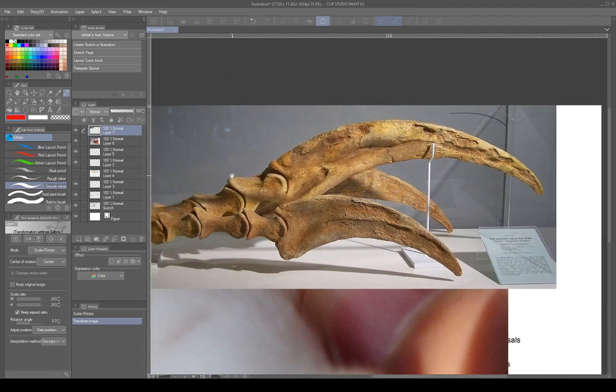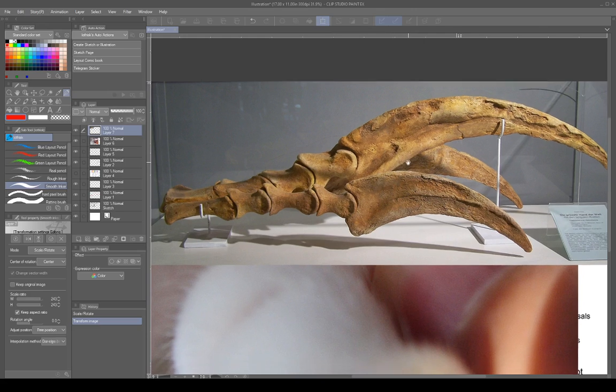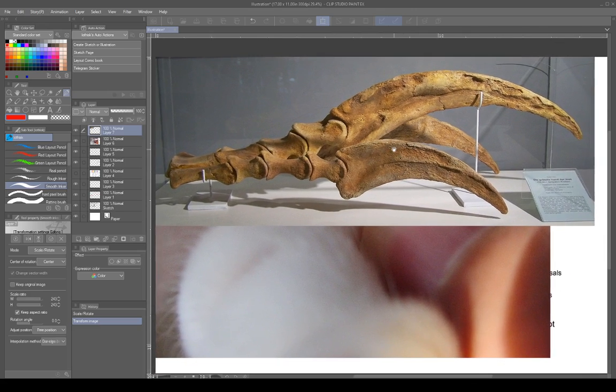I don't know whether this is the front or back claw. But yeah, there's an example of some of the largest claws ever recorded. So that's pretty cool. They've got this neat structure to them.